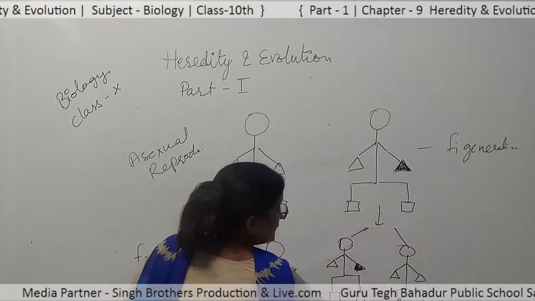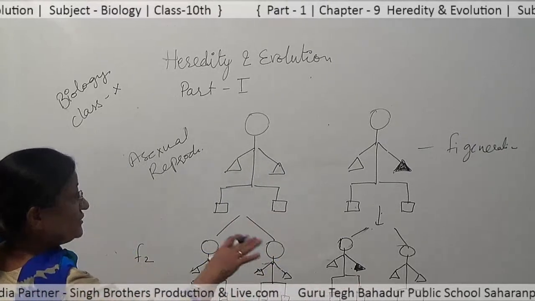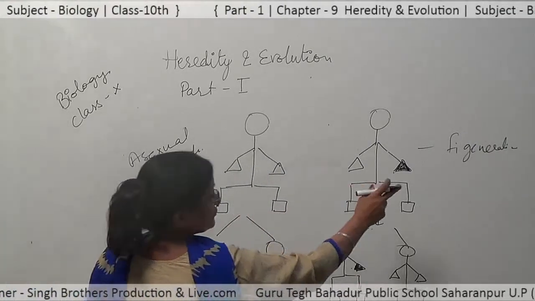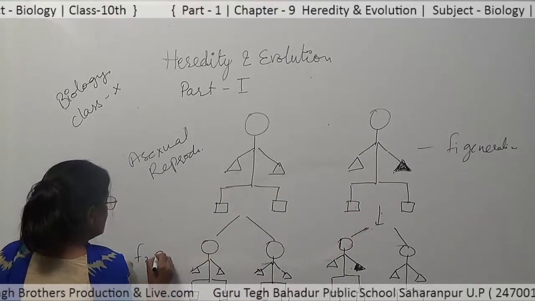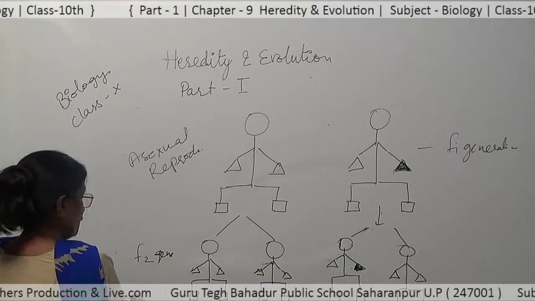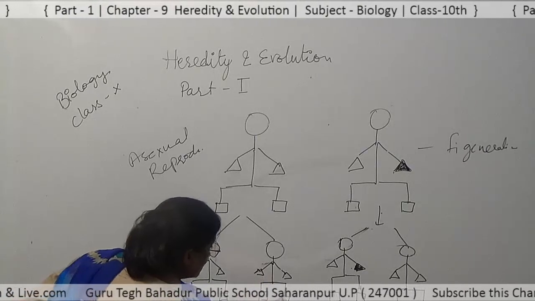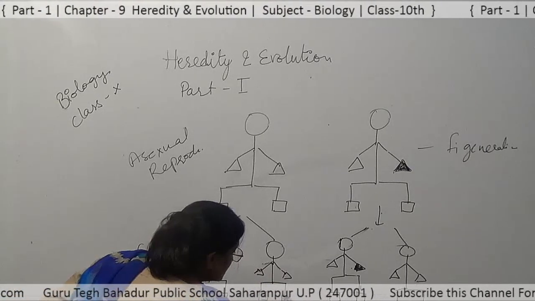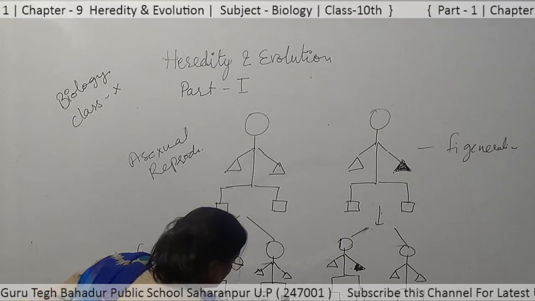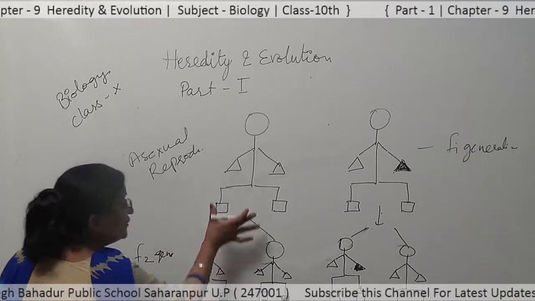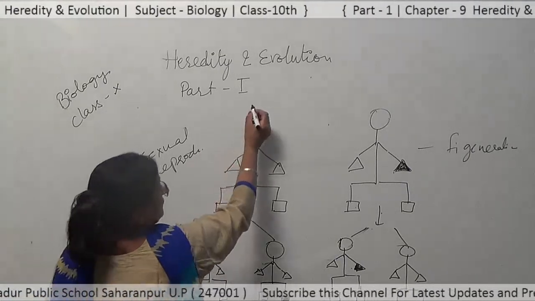When the characters have changed, in this case in the F1 generation, when the F2 generation is produced, this is the F2 generation, it is seen that there may be chances of a changed character again from the similar one.